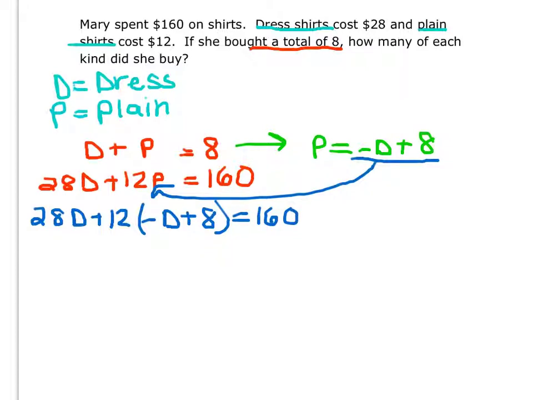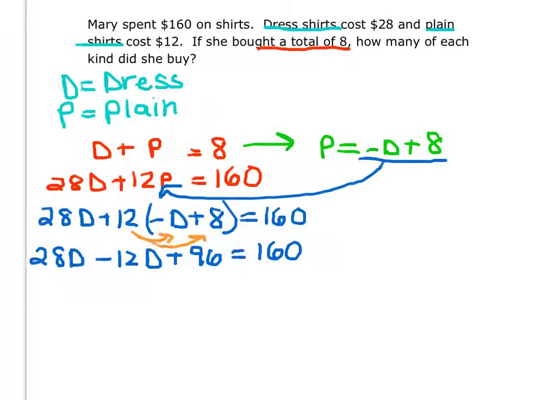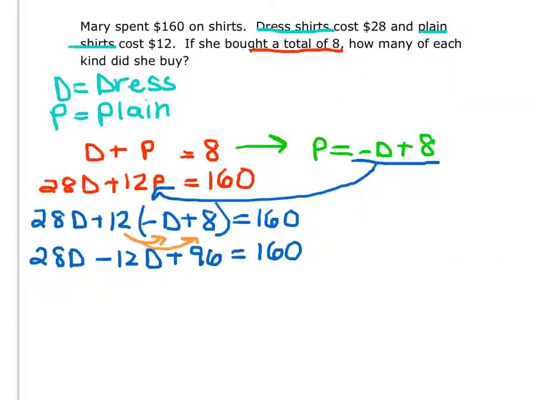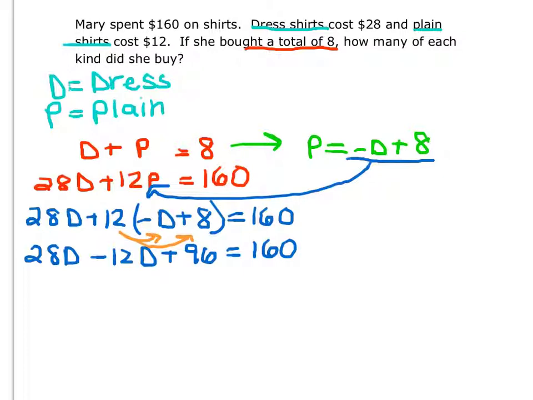We're going to use the distributive property to distribute that 12 into the parentheses. So we have 28D minus 12D plus 96, and that still equals 160. Combining like terms, we have 28D and minus 12D.